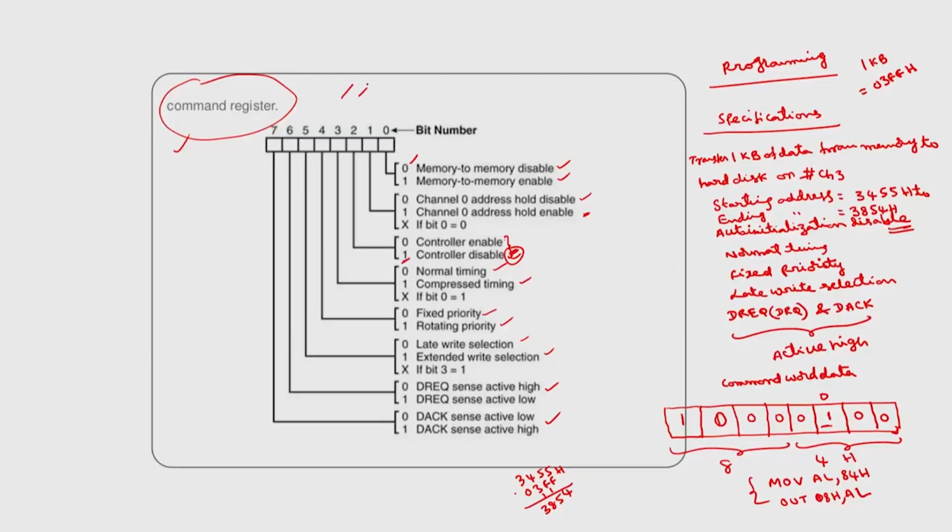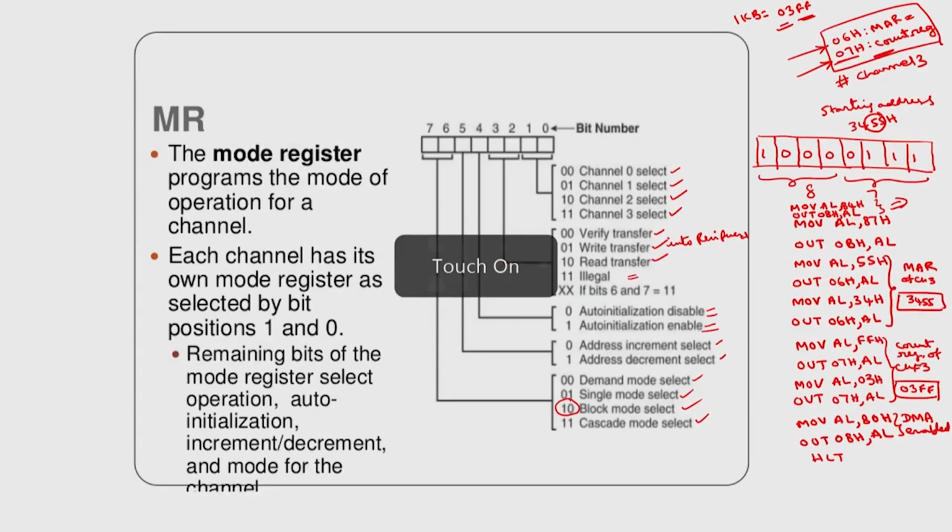So, the important task here is, first you have to decide the command word register using this format. These are the specifications, and depending upon them you have to find out the corresponding data to be loaded into the command word register. Then based on these specifications, you have to decide what data has to be loaded into the mode register.